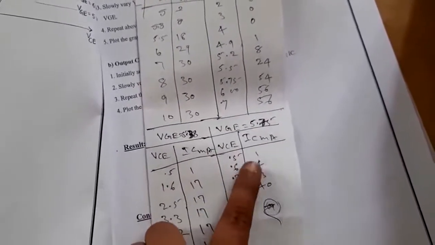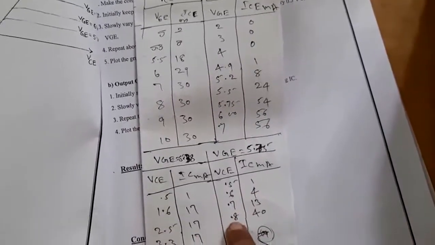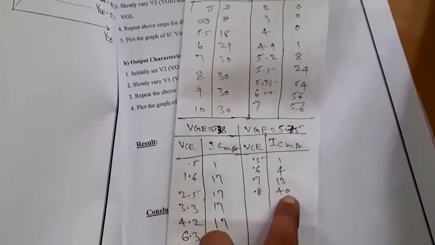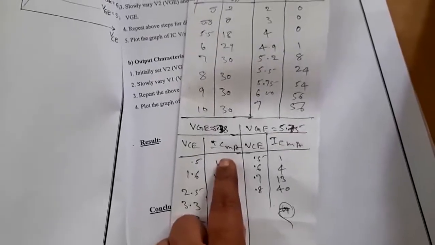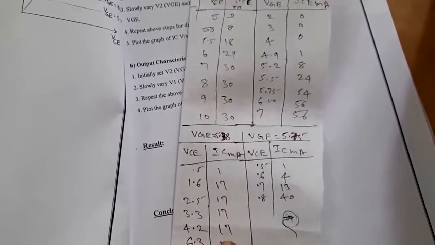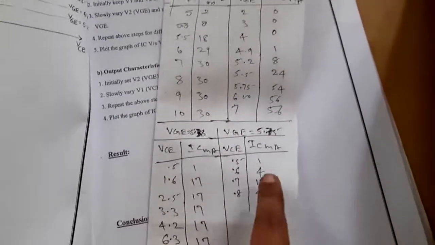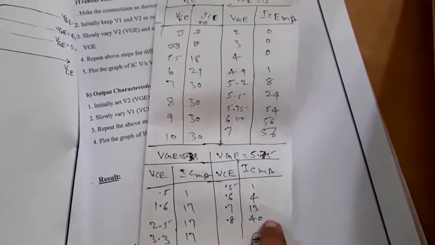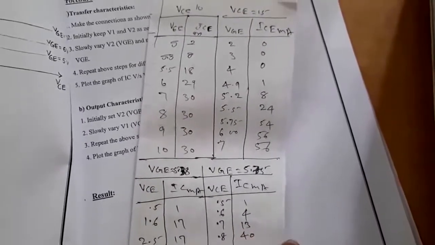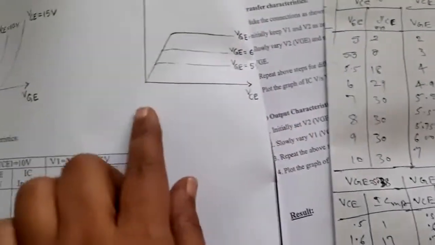Somewhere around 0.6 itself it has reached 4, and at 0.8 itself it has risen to 40 milliamps. Whereas here, when our VG, gate to emitter voltage, was lower, even at 21 volts you are seeing only 18 milliamps, and here at 0.8 itself it has reached 40, and thereafter it was a saturation. Okay, so when you plot the characteristics, you'll be getting something like that.